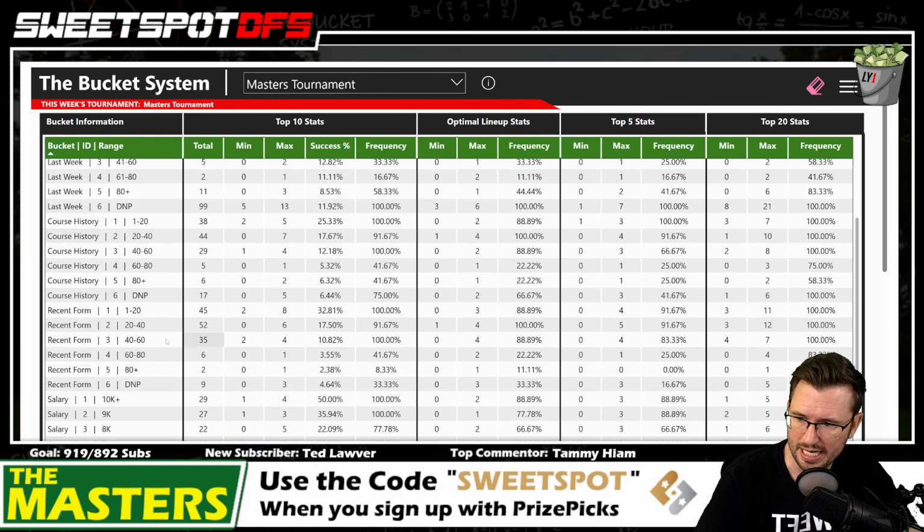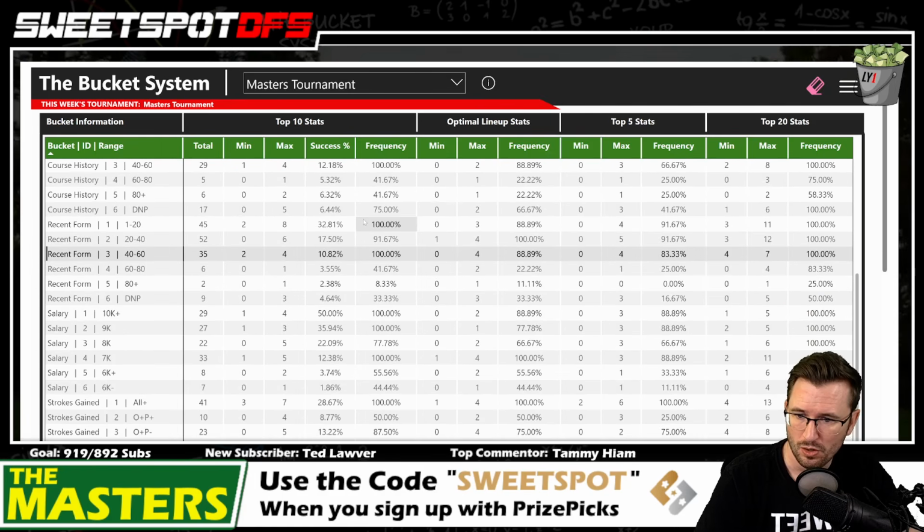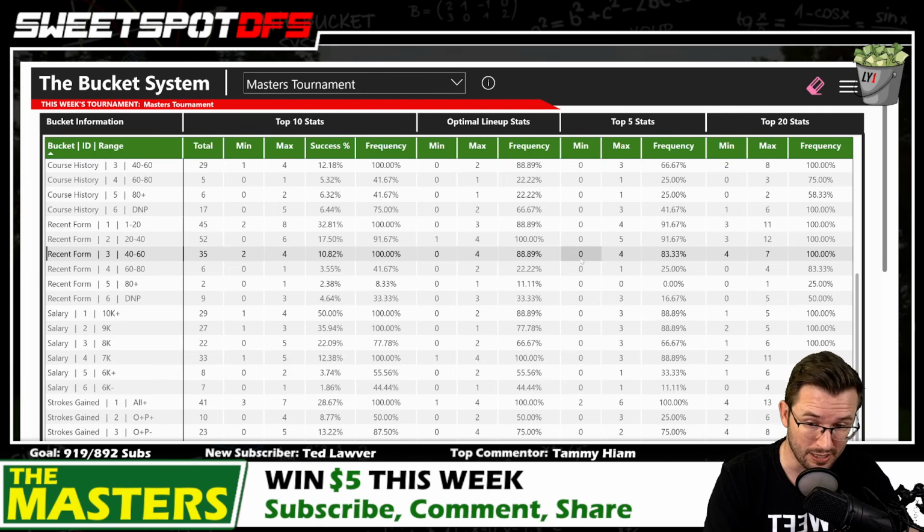So if we select recent form 3s, we've seen at least 2 inside the top 10. Now we have seen 0 one time, it looks like, in the optimal lineup. And we've seen 83% of the years have at least 1 top 5, but not all of them. We do see 4 to 7 top 20s. That's one of the highest minimums.